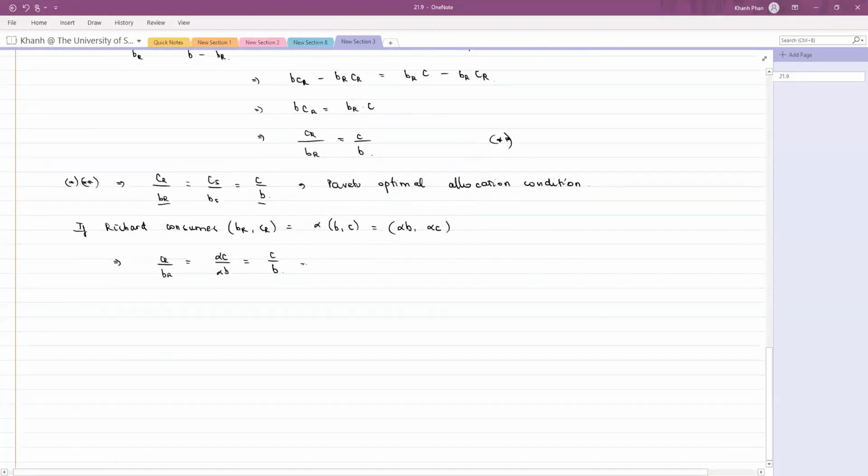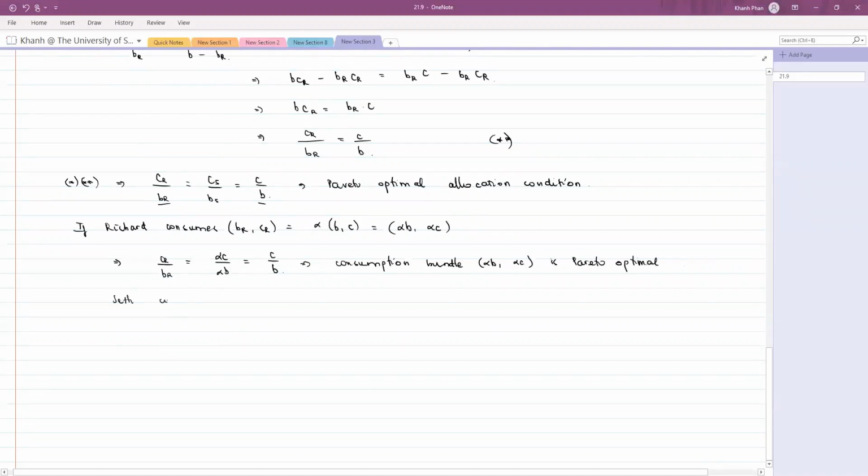Therefore, the consumption bundle alpha B, alpha C is Pareto optimal.